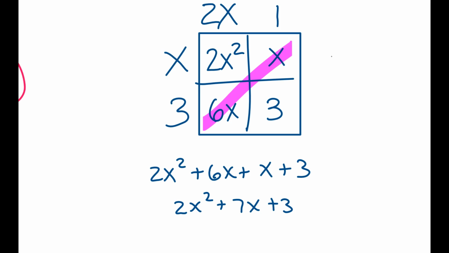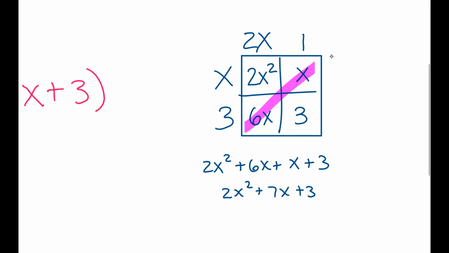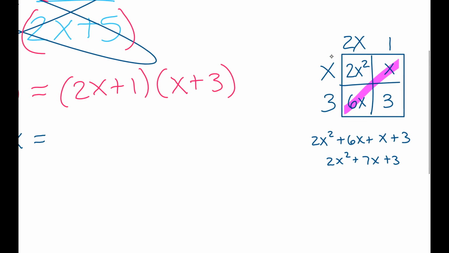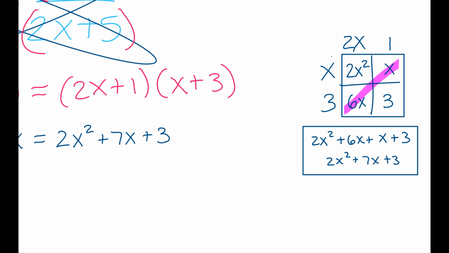What is 6x plus x? 7x. So instead of just rewriting all of that, I combine before I even write it down. So 2x squared plus 7x plus 3. If you need to write this out like I did, go ahead. Don't feel ashamed. Just know that it's more work than you need to do.